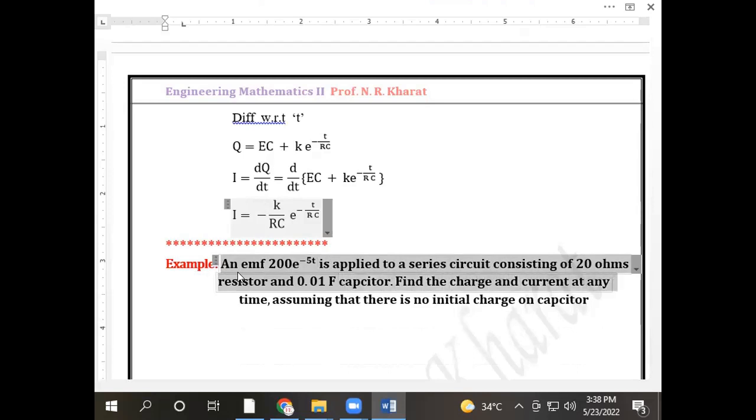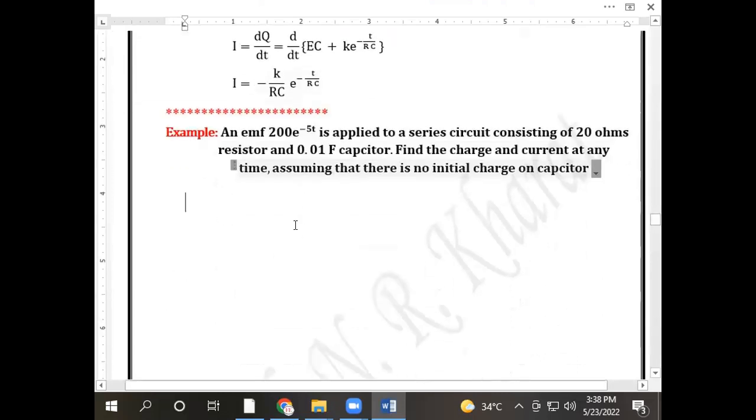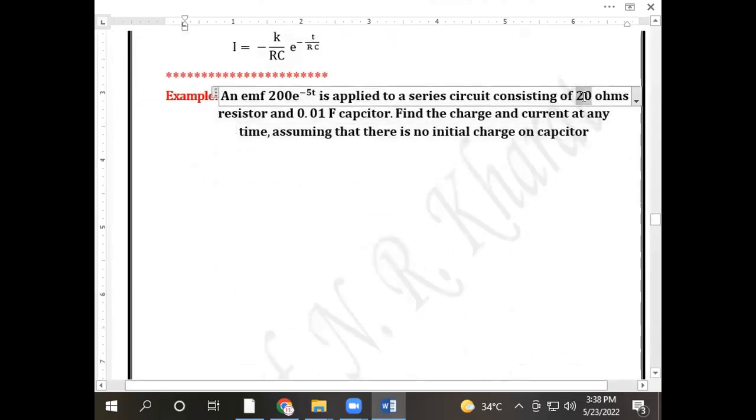Find the charge and the current at any time, assuming that there is no initial charge on the capacitor. So we have to find the current and the charge which is flowing through the given circuit. The components in this circuit are the capacitor and the resistor. The capacitor and the resistor are connected in series, which means we get an RC circuit.